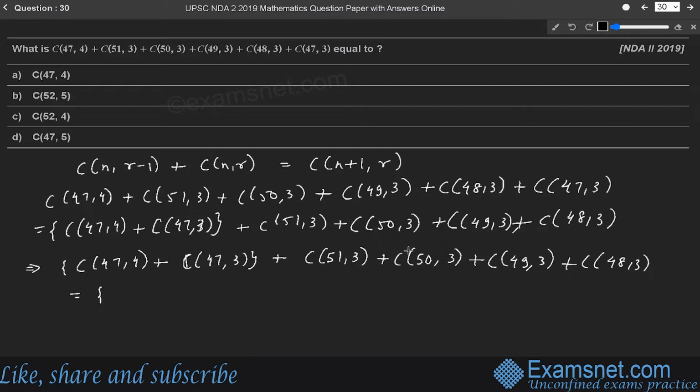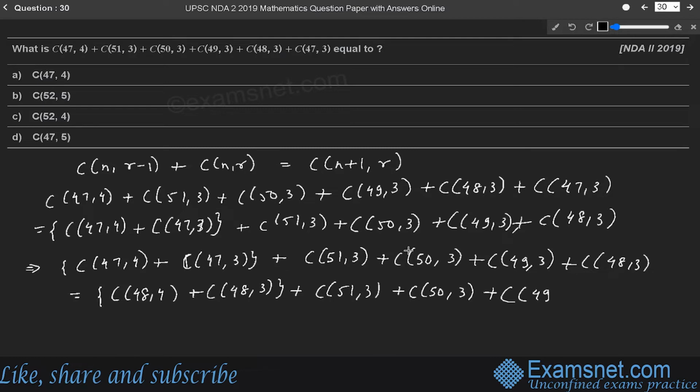So it will be equal to C(48,4) + C(48,3) + C(51,3) + C(50,3) + C(49,3).